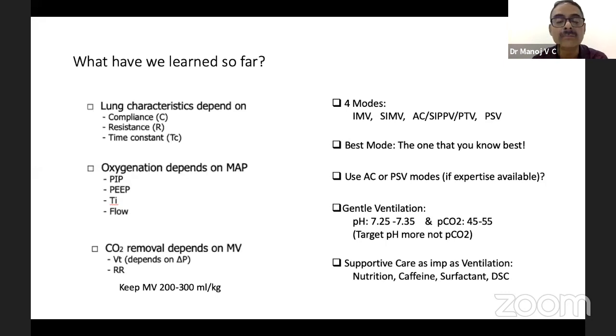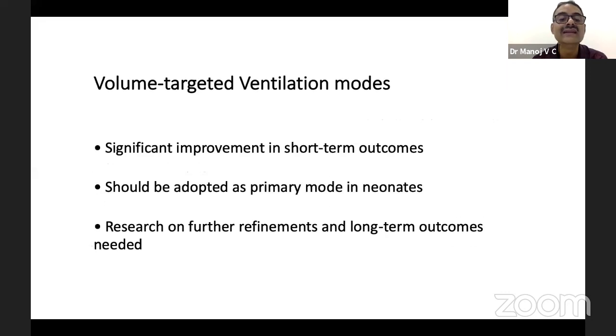And to top it all, now we know that in the 21st century, ventilation should always be volume targeted. We should aim for that, because we now have enough evidence to say that there is significant improvement in short-term outcomes during the time the baby is with you, and it should be adopted as a primary mode in neonates as far as possible.